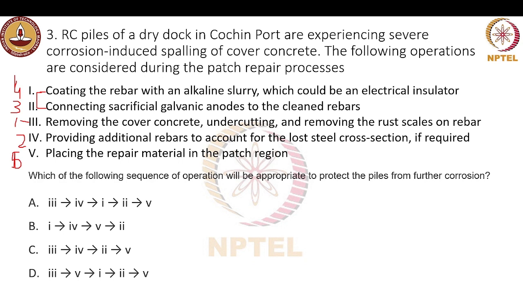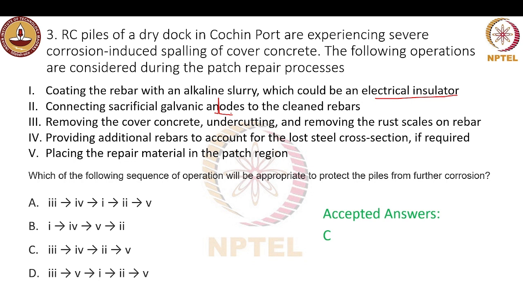See, the reason for coating the rebar with alkaline slurry is basically to provide an alkaline environment to the rebar so that the passive film is formed. And if it becomes an electrical insulator, even if we connect the sacrificial anodes to it, there are chances that the anodes won't work, right?